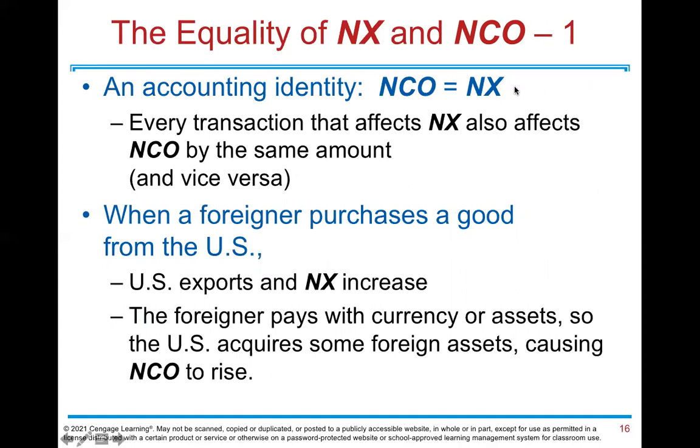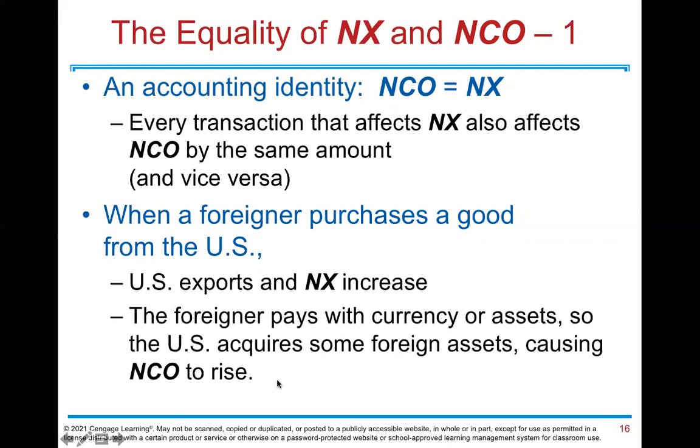NCO equals net exports. This happens at every point in time. The reason is that when a foreigner purchases a good from the US, that means that US exports increase, right? And if US exports increase, that means that the foreigner pays with currency or assets, so the US acquires some foreign assets, causing net capital outflow to rise.